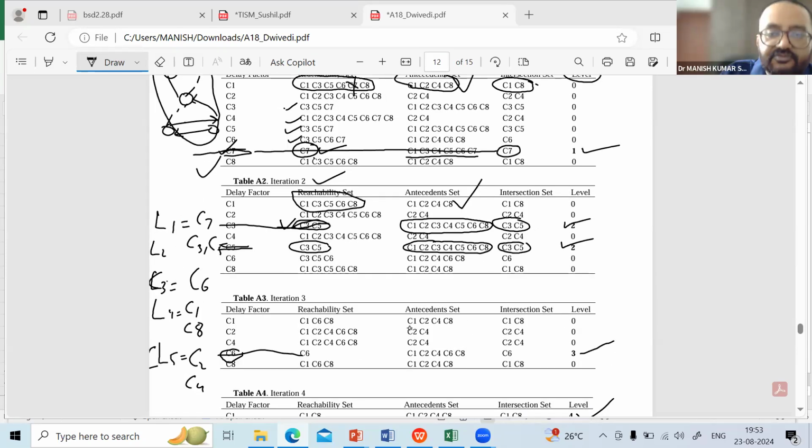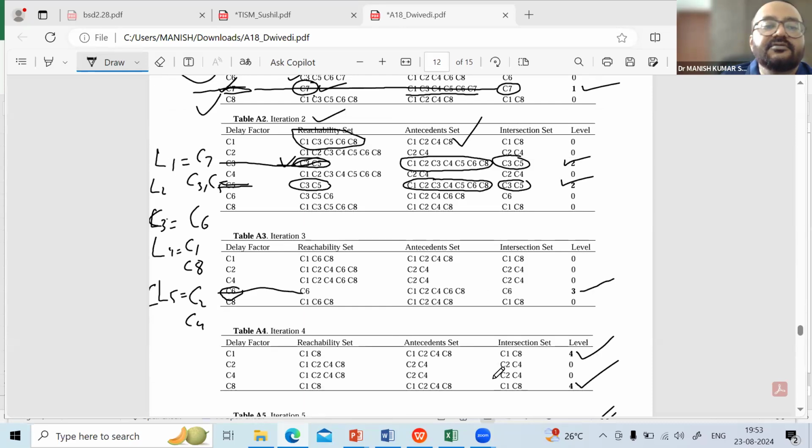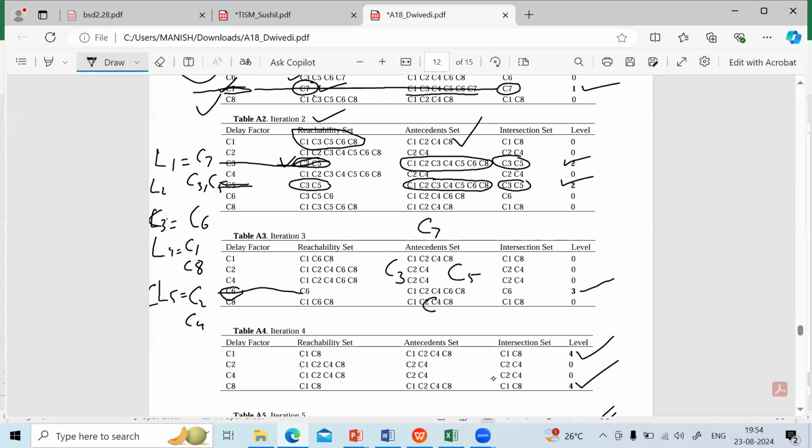You remember C7? I'm just using another color, actually, if possible, on the same page. I'm just giving you an idea. Level 1 is C7. Then level 2 is C3 and C5, at the same level. Then you write C6 here.